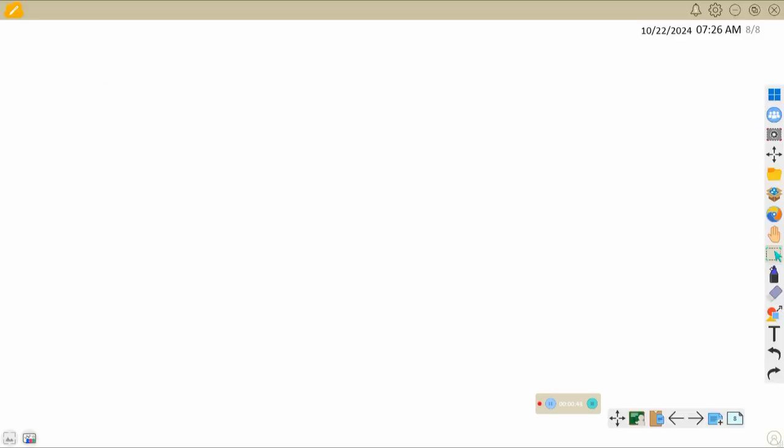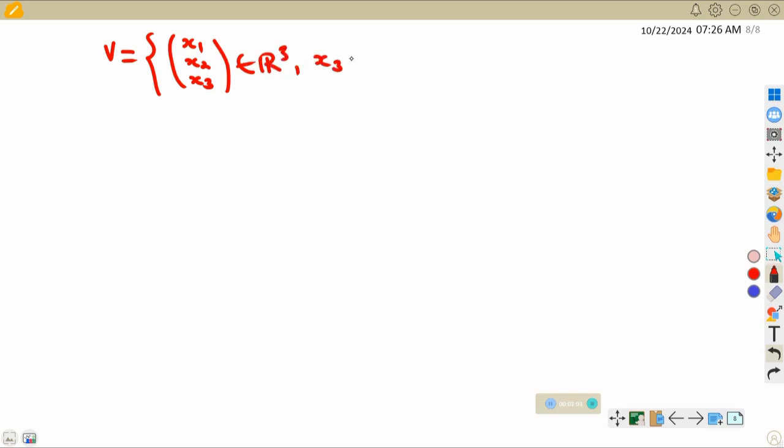We are given V, which is having the components x1, x2, x3 satisfying the condition that x3 is same as x1 plus x2. So we need to show whether V is a subspace or not.